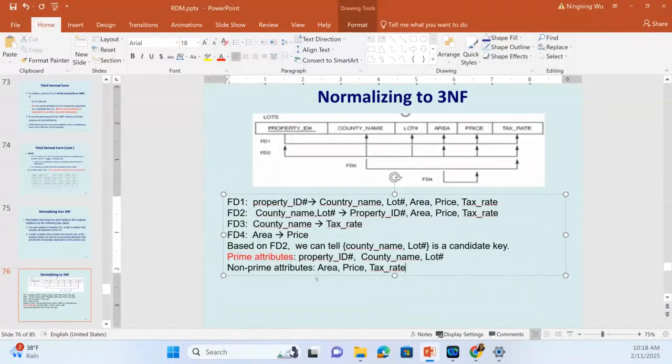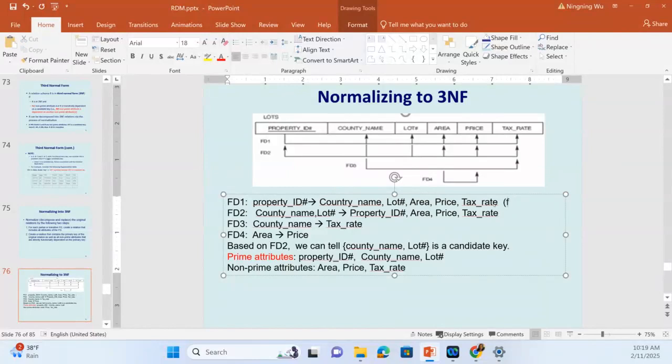Now, based on the key information, we can tell which functional dependency is full, which is partial, or which is transitive. The first one, of course, is full, because the primary key determines all other attributes. It means the remaining county name, lot number, area, price, and tax rate are fully dependent on the primary key.